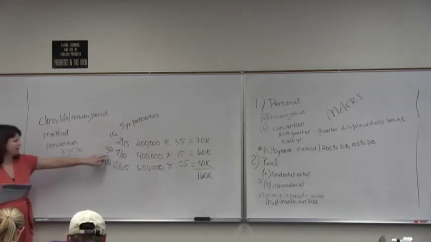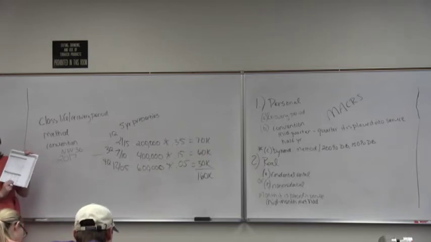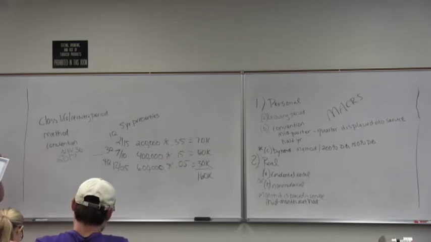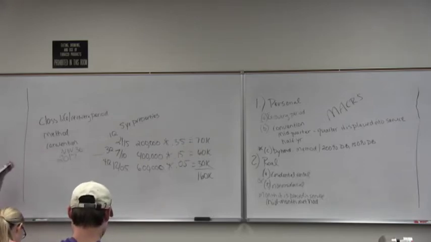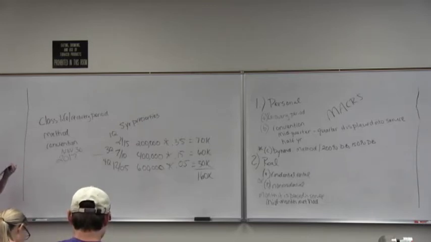Remember, this is still a 5-year property. It was still put into place in the 3rd quarter, so we are still in the 5-year for the 3rd quarter column. But now we're in the 2nd year of recovery, right? So what's the percentage that we need to use here? 0.34, that's right.